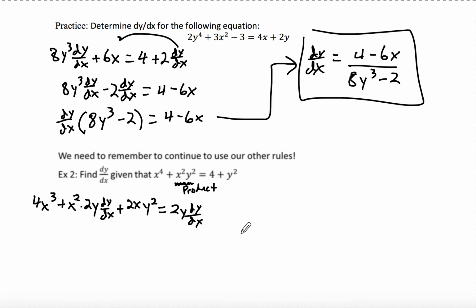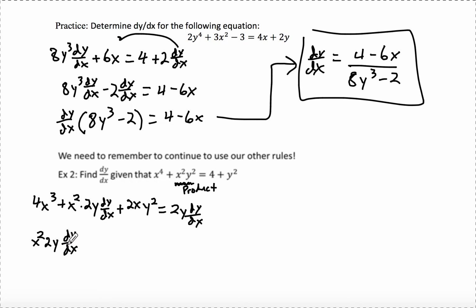All right. So now we've already done our derivative here. We got to get our dy dx things together on one side. I'm going to get them on the left and move everything else over to the right. That's just my normal pattern, like I said. x squared times 2y dy dx.